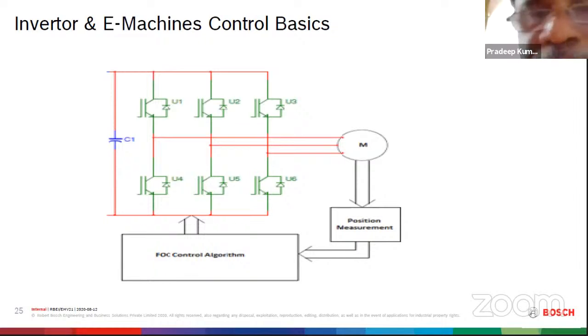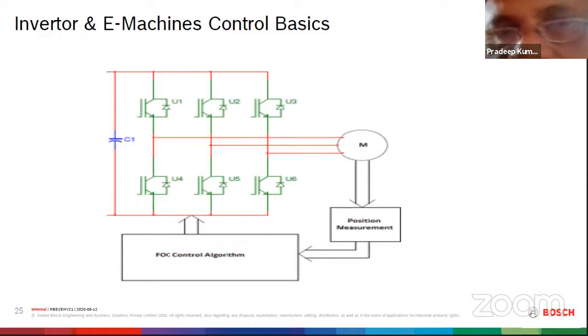So when it comes to the overall control of the electrical machine, those who are with electrical engineering will be able to appreciate this. They would like to make the AC induction machine work like a DC separately excited machine, because the DC machine has the advantage of separate field control and armature control.